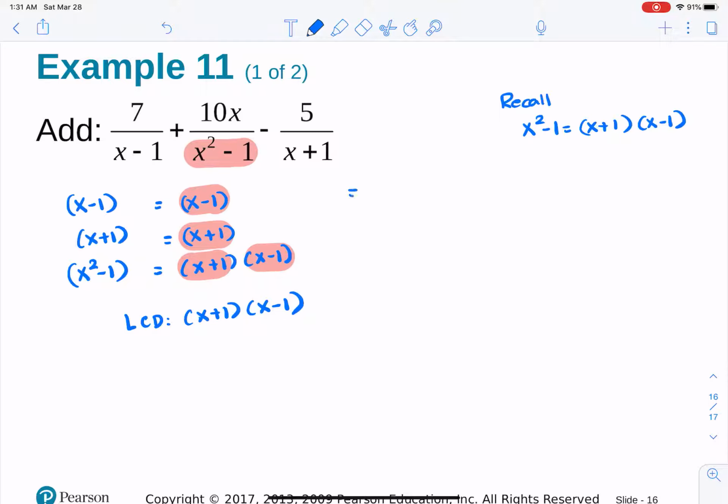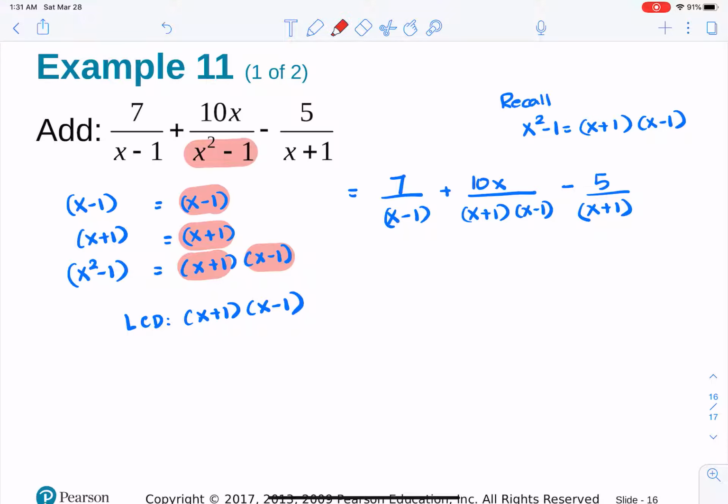So if we rewrite the original expression, we have 7 over x minus 1 plus 10x. I'm going to rewrite x squared minus 1 as x plus 1 times x minus 1. And the last expression as negative 5 over x plus 1.